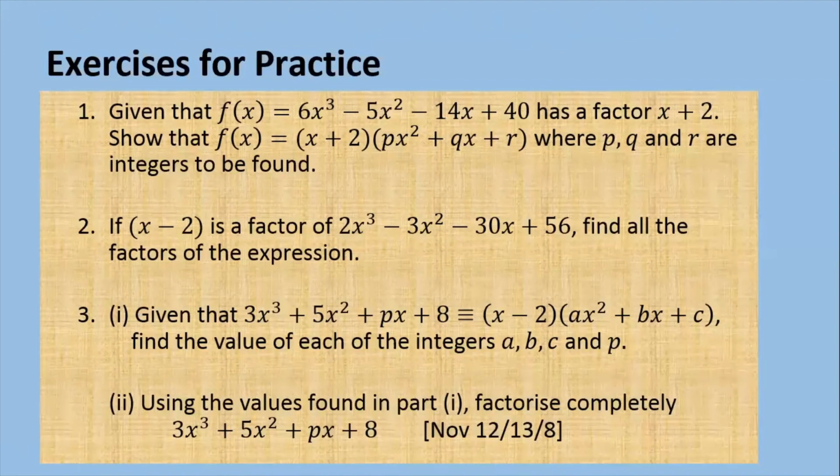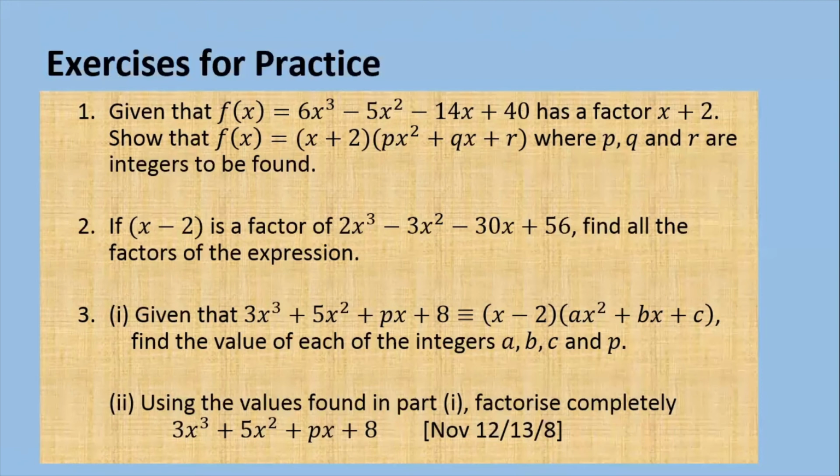Question 2. If x minus 2 is a factor of 2x cubed minus 3x squared minus 30x plus 56, find all the factors of the expression.